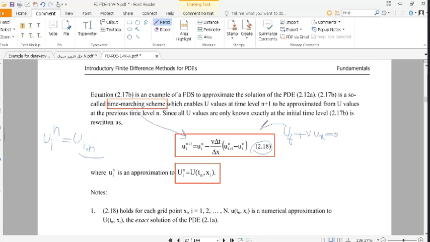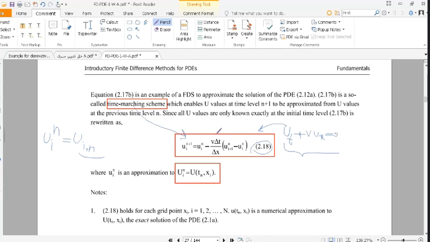And this formulation is the time marching scheme for approximating the original PDE. This is the approximate scheme or approximate method for solving u_t plus v u_x equal to 0.